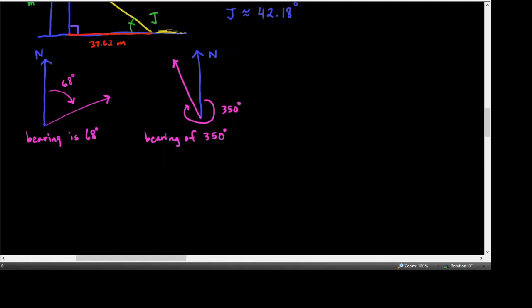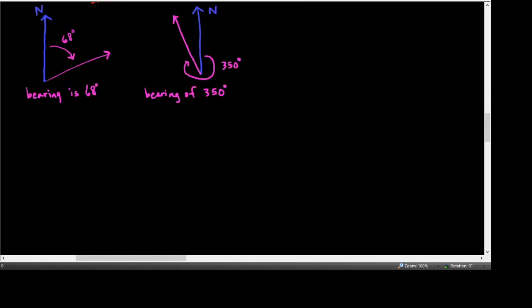Okay. So let's do a problem that involves that system of calculating the bearing, and make sure that we know how to use that properly. Okay, so let's look at the next problem.